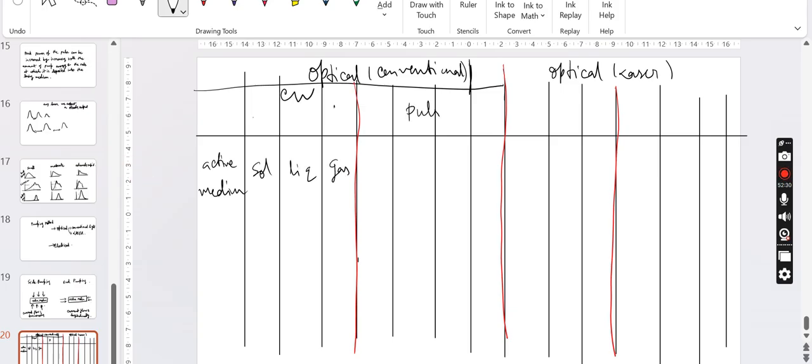For pulse mode also, the active medium can be solid, liquid, gas. For optical laser medium, that is for CW, that is also solid, liquid, gas.